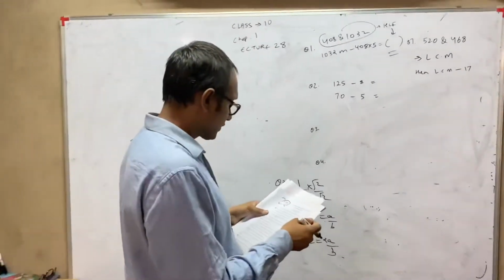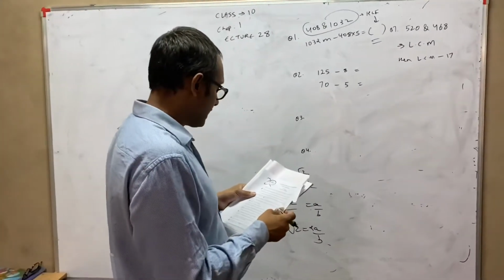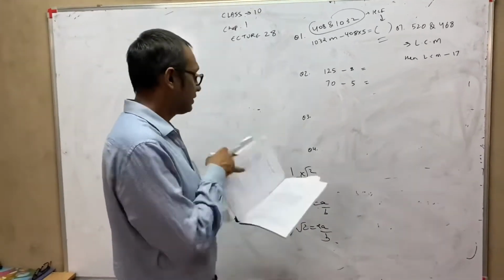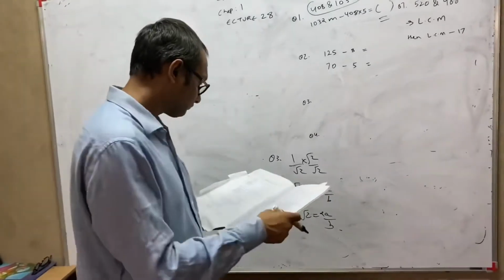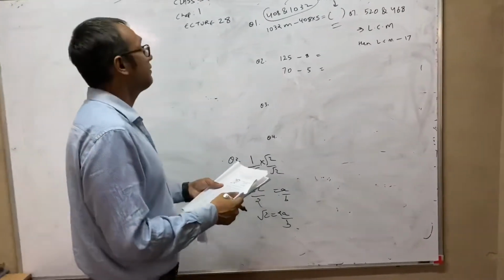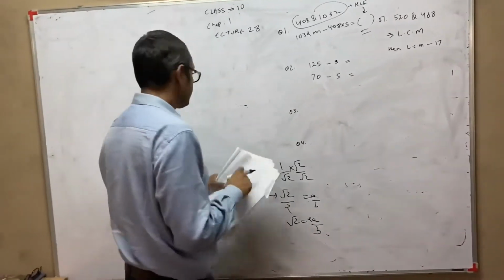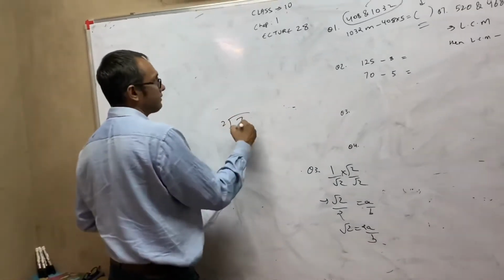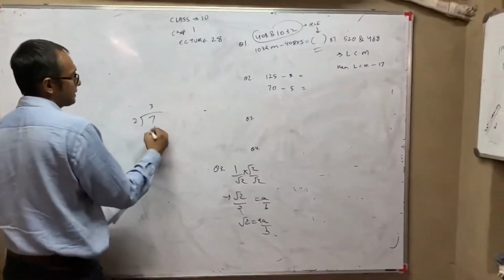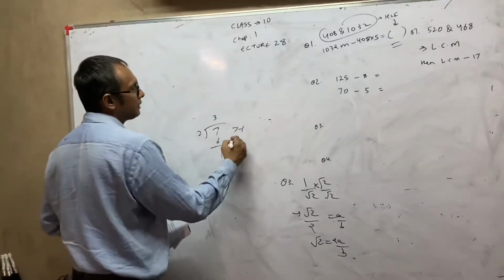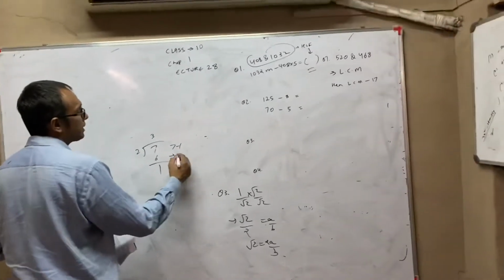Question number 2: find the largest number which divides 70 and 125, leaving the remainder 5 and 8. The first step we have to do concerns the remainder. Suppose you are dividing 7 by 2, 2 3s are 6, the remainder is 1. Now if we subtract this remainder from 7, then the number becomes totally divisible by 2.